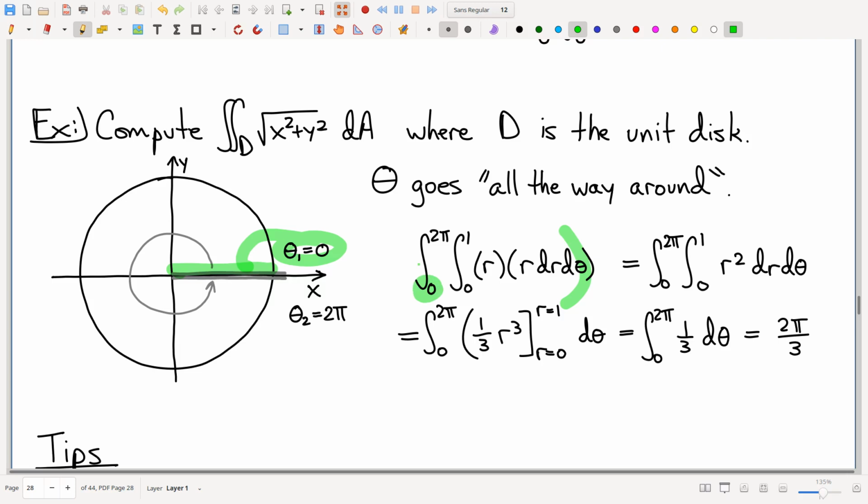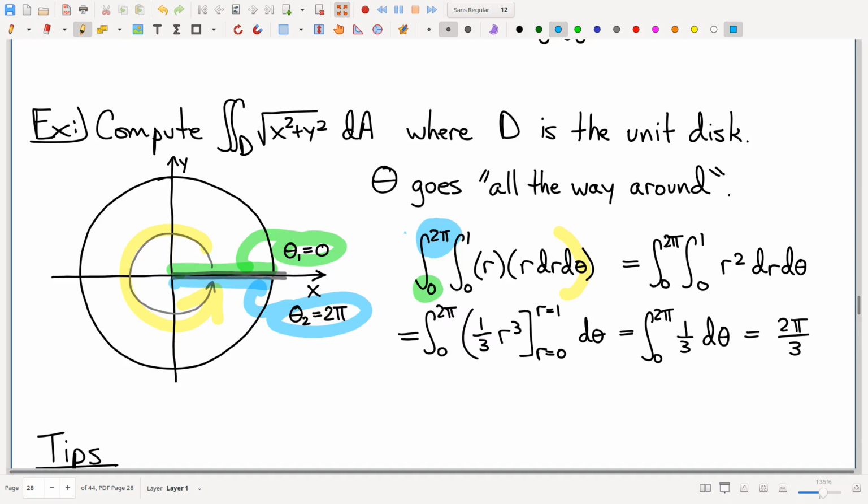Theta goes all the way around from where it had started at 0, and then it ends when you get back to where you had started. It ends once you've swept out your entire region, right? And therefore, what happens to theta when you go all the way around? Theta goes up to 2 pi. So in my theta slicing, I'm going to have theta going from 0 to 2 pi.